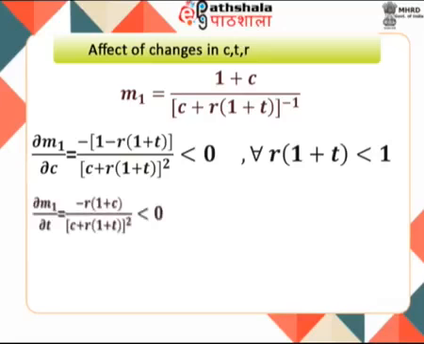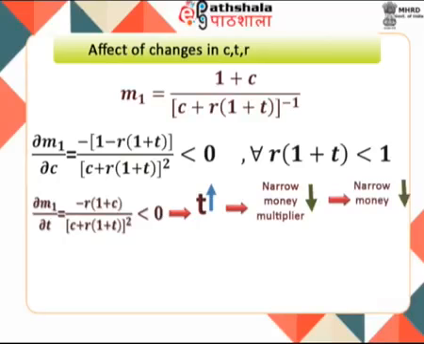Delta M1 upon delta T is equal to minus R(1 plus C) divided by (C plus R(1 plus T)) whole square, which is less than 0. That is, as T increases, the narrow money multiplier decreases and hence narrow money also decreases.